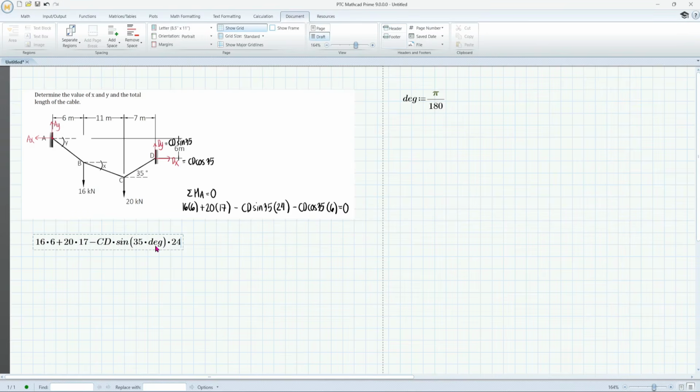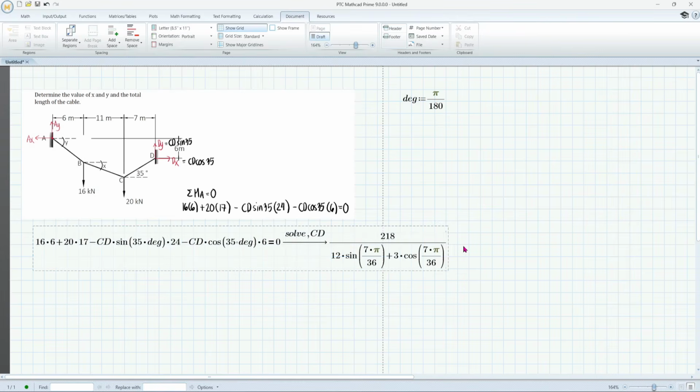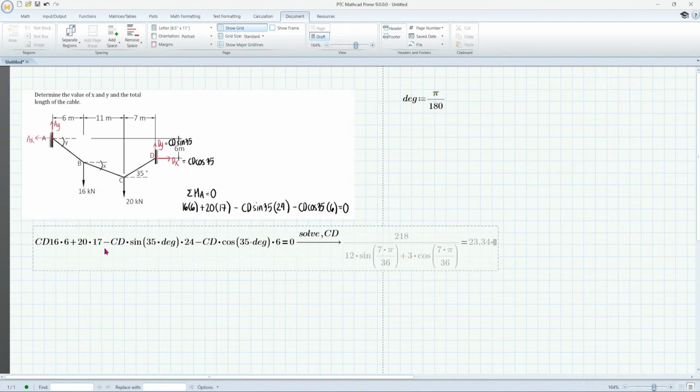Then, moment arm is 24 minus CD cosine 35 degrees. Moment arm is 6. Set natin to 0. Then, let us solve CD. Ayan. So, the result is 23.34. Ayan. Store natin yan, CD.